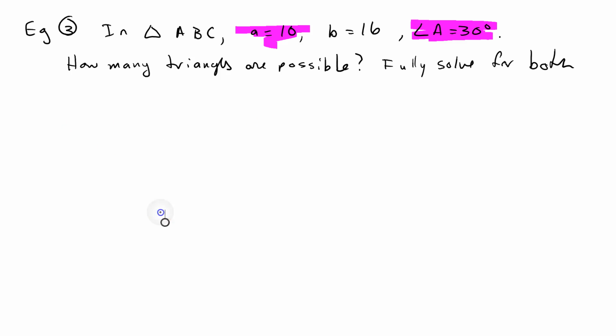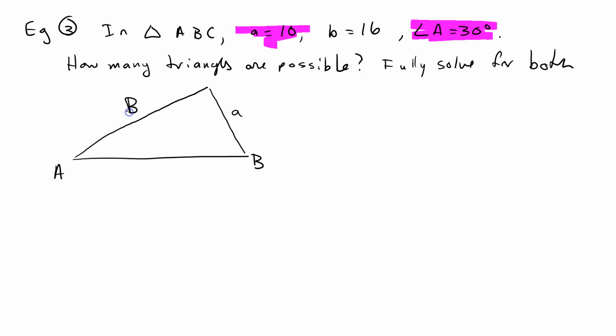Let's say that this is A, and this is our little a, and this is our angle B, and this is our little b. So A is 30 degrees, little a is 10 units, not big B, but little b is 16.